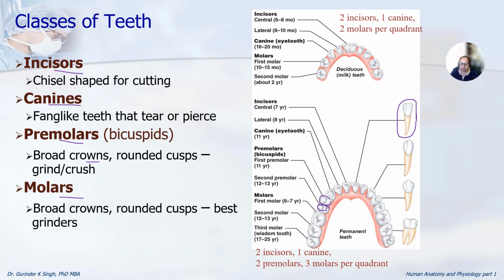The crown is the top area. The molars have even broader crowns, with round cusps, and they have two roots. The molars are the best grinders, while the canines are to cut through things. In younger children, you have two incisors, one canine, and two molars per quadrant. In adults, with permanent teeth, you have two incisors, one canine, two premolars, and three molars per quadrant.